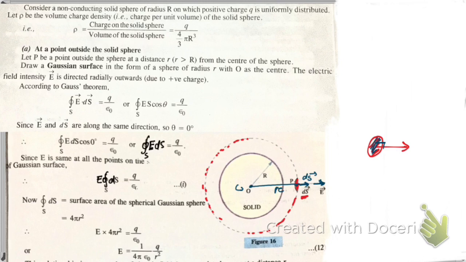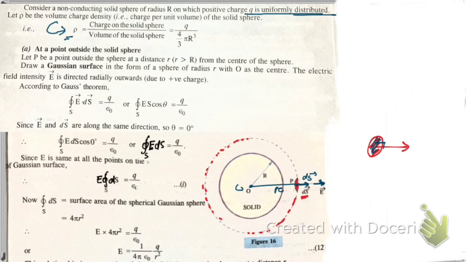Here you see the charge density rho. We have considered the total amount of charge enclosed in this sphere to be Q. So Q is uniformly distributed.